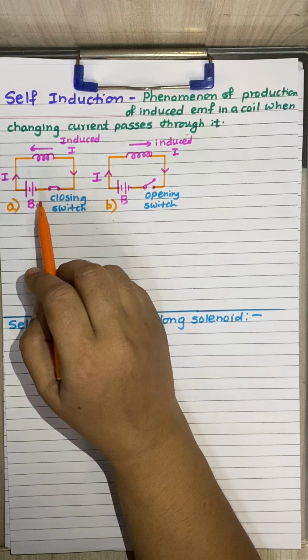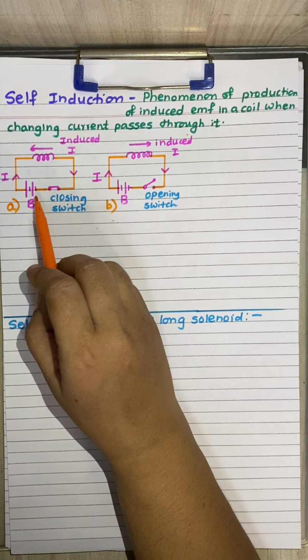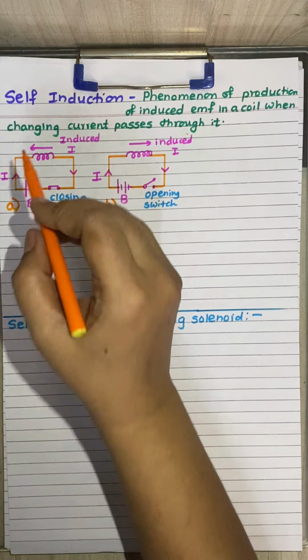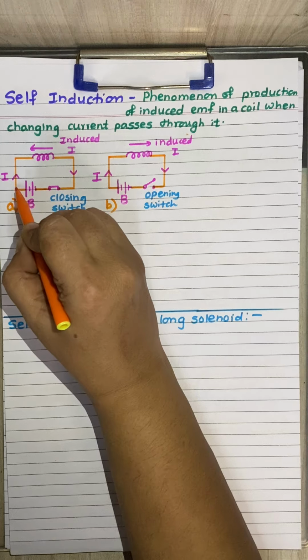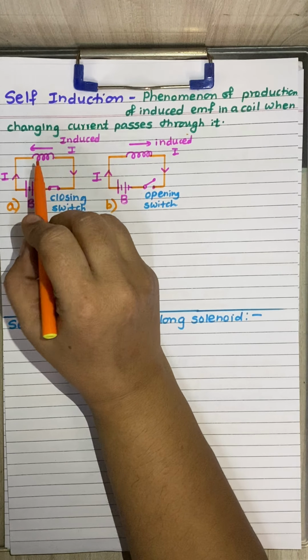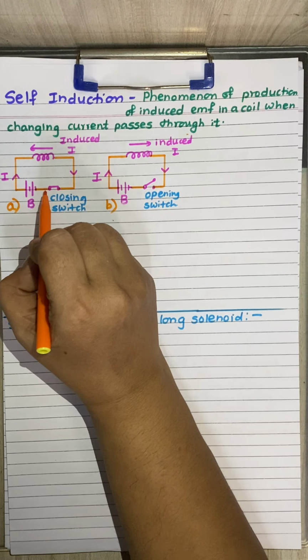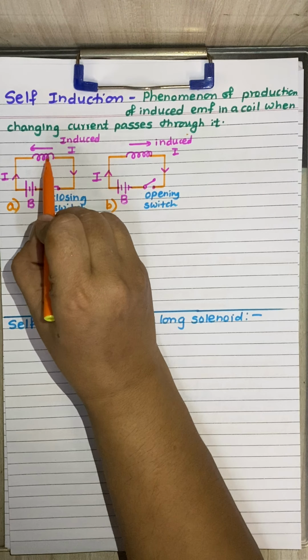Now as soon as the switch is closed, the current increases in this particular direction, from positive to negative. Therefore the magnetic flux through the coil changes, because when the current starts flowing through the coil, it starts inducing some EMF.